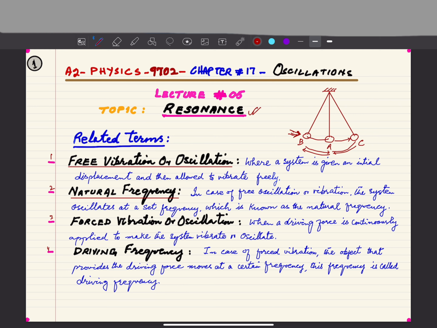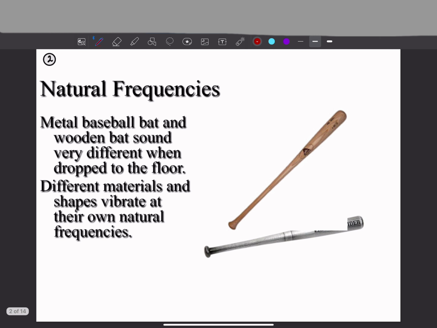Now, what is the resonance? Basically, here we have not discussed anything for the time being, the resonance, but four definitions. So now what is the resonance itself? As I said that you have natural frequency and different bodies which can vibrate. All these bodies are carrying a particular frequency, and that frequency will be the natural frequency of the body.